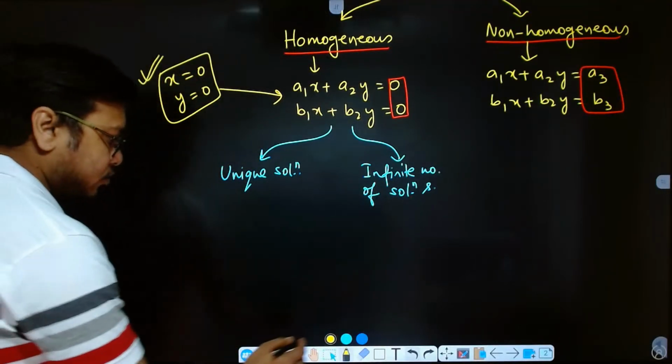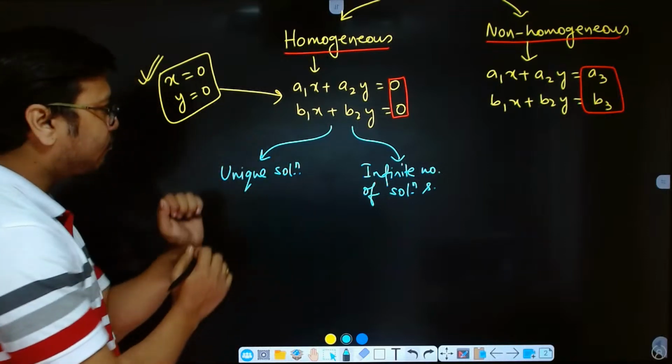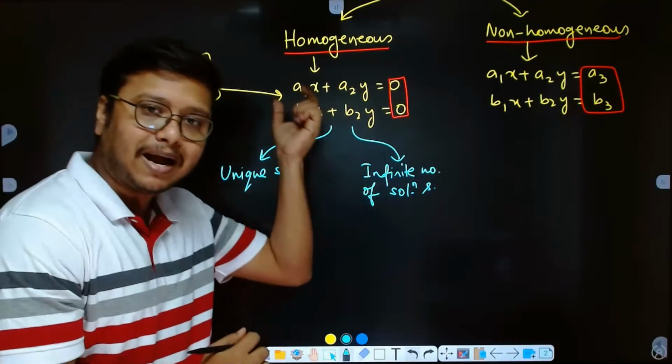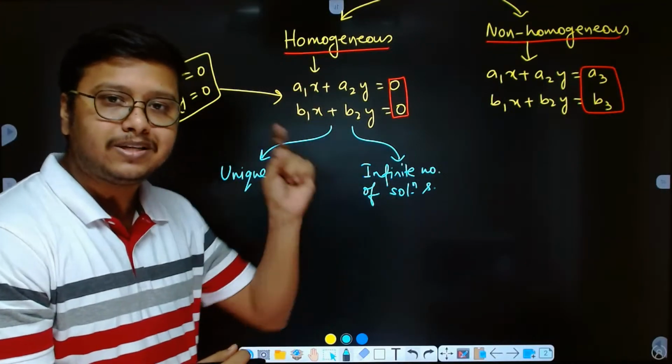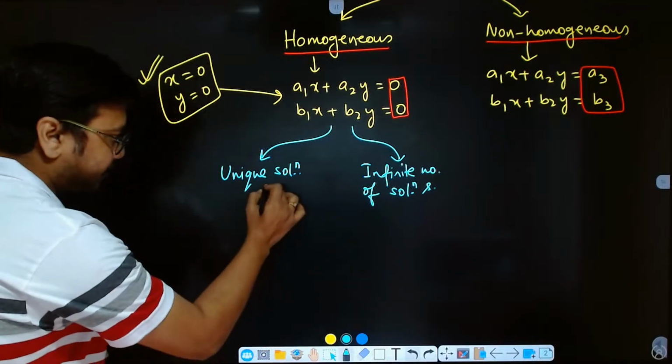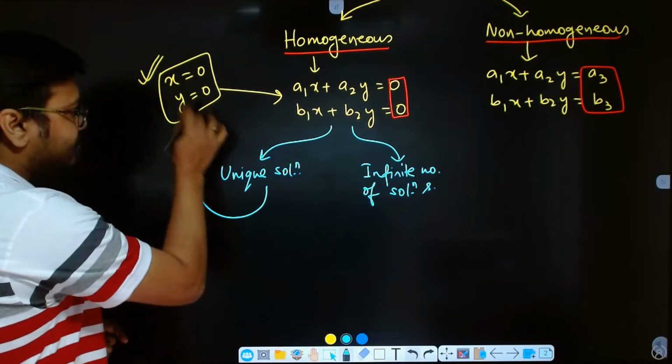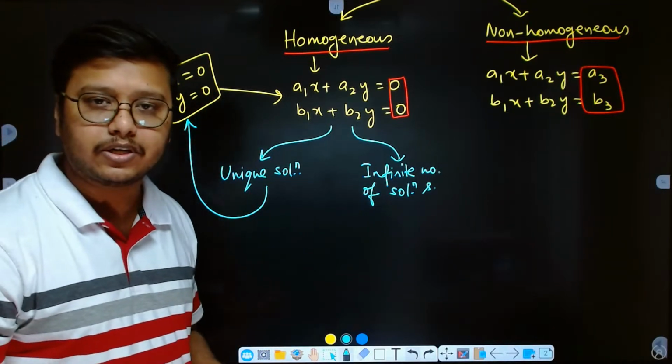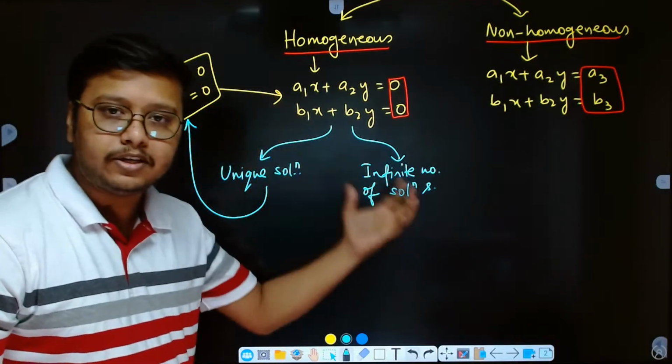Okay. So when I say unique solution, I have already said that 0, 0 is a default solution. So unique solution means just one solution. That means when I'm talking about a unique solution, this is the only solution this system of equations has. 0, 0 is the only solution.